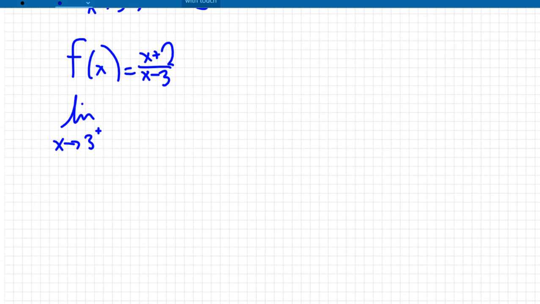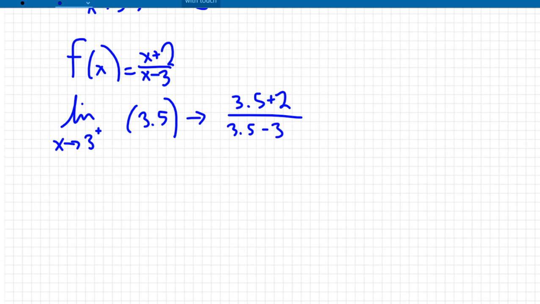So we'll start plugging in values that are close to 3 but greater than 3. Again, we'll start with something pretty simple, something obviously greater than 3, 3.5. So we plug 3.5 into our function. The numerator will be 3.5 plus 2, and our denominator will be 3.5 minus 3, which simplifies to 5.5 over 0.5. So I'll basically just double the numerator to get a whole number, which is 9.